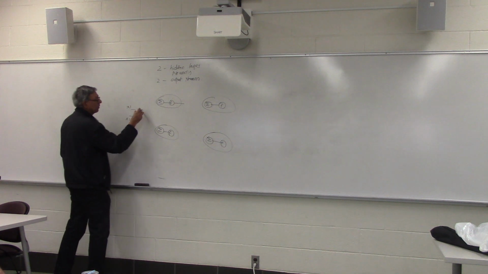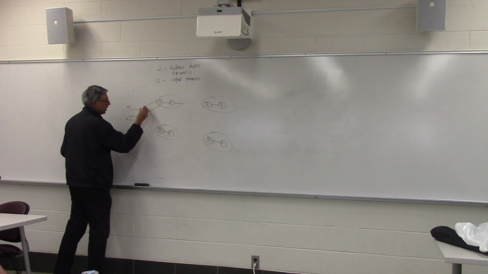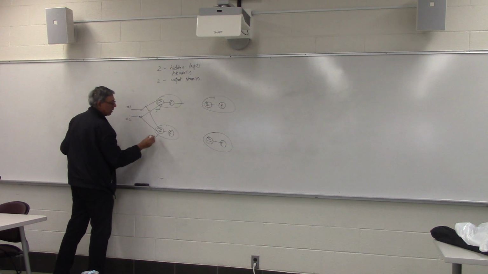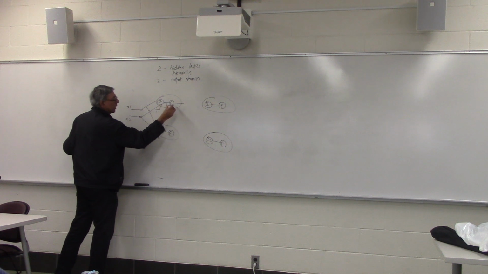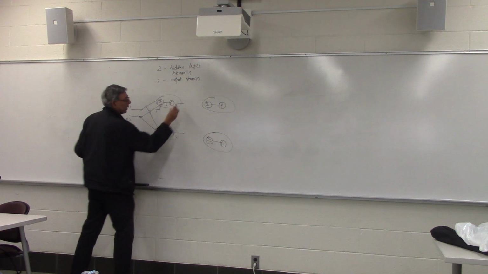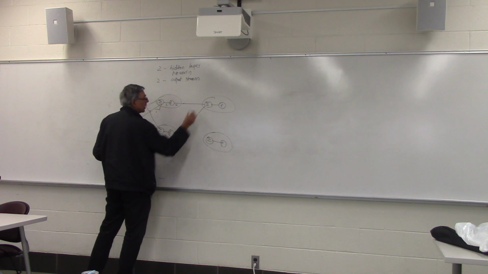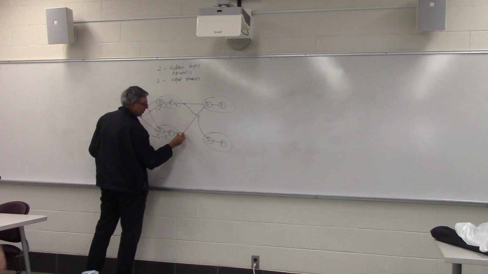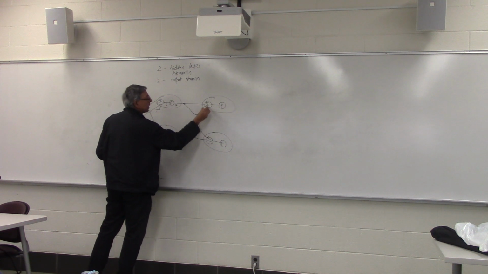So obviously they will go to this one, this one, this one, this one, S, A, S, A, right? Then this will go over here, this one will go over here. This one will go over here, this one will go over here.